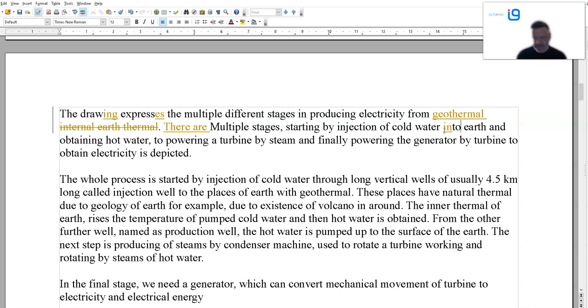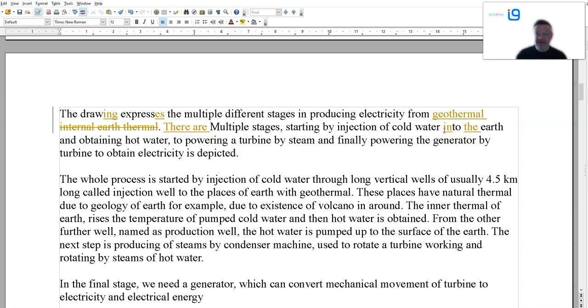Into the Earth. I don't want to have to type out every single change for all 5 of these, but to power turbine by turbine to occurring electricity is depictable. Well, right. First stages, surely it would be are depicted. Yeah. But multiple stages are depicted.